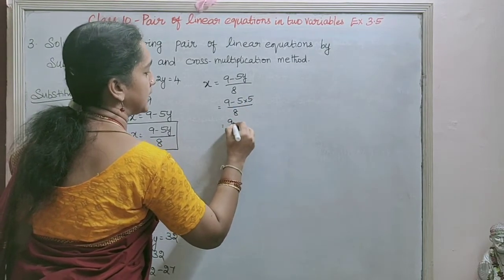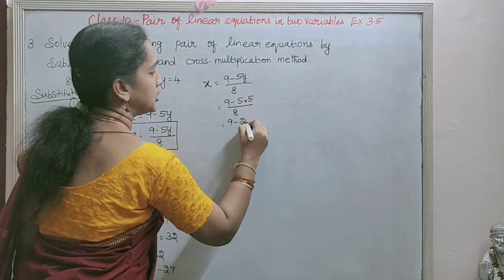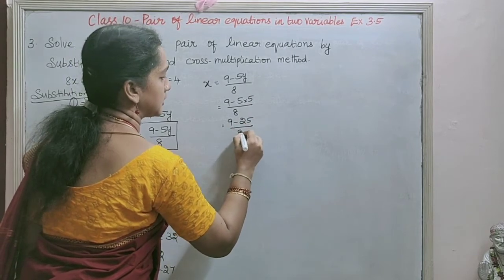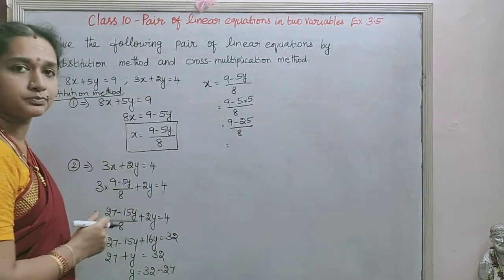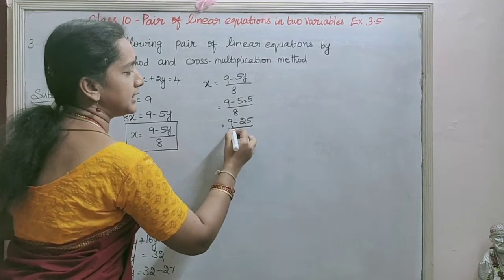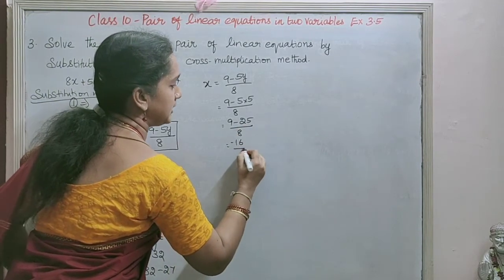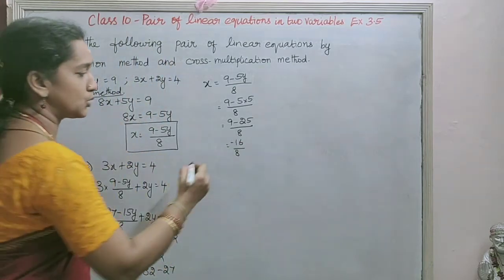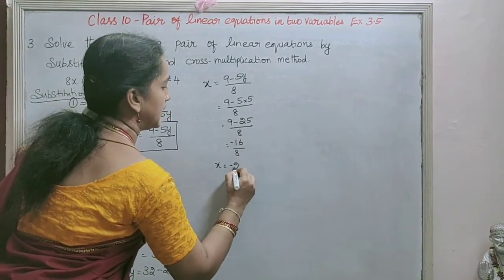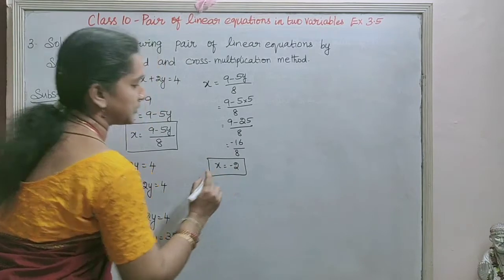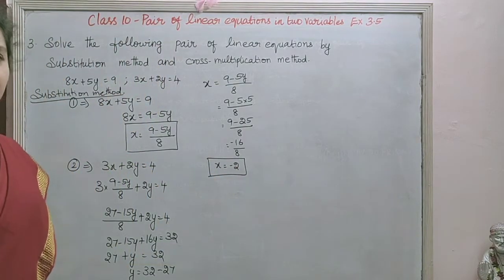That is 9 minus 5 5s are 25, by 8. So that is (9 minus 25), which is minus 16, by 8. So x is equal to minus 2. So this is my x value and y value.